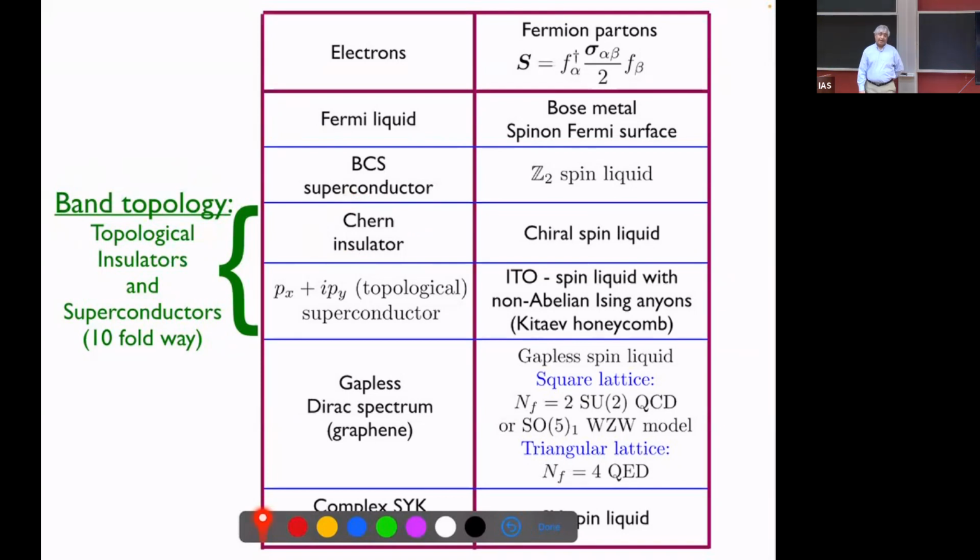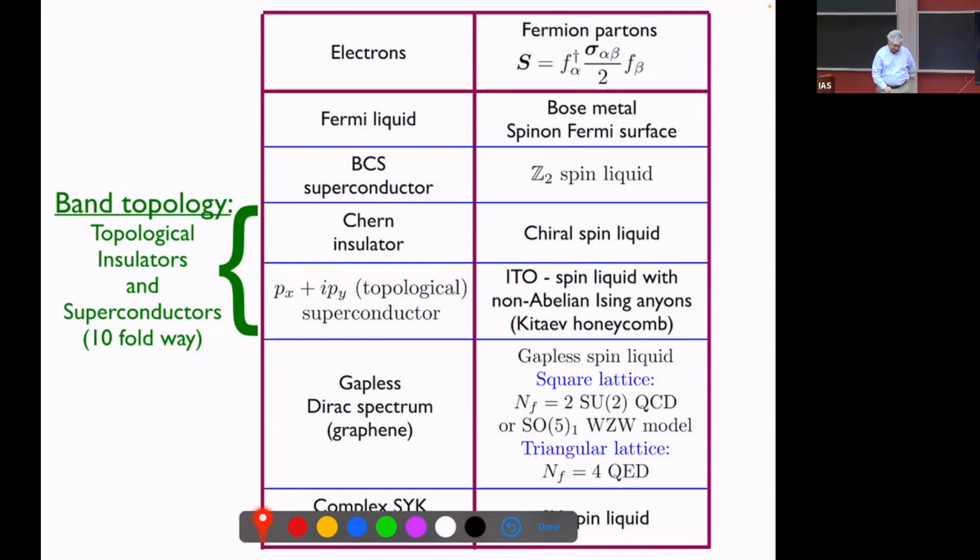And what Kane and Mele found rather late in the game, but quite amazingly, and experimentally very relevant, is that you can get insulators which are characterized by a Z2 topological invariant, not an integer, just a sign, which preserves time reversal symmetry. And many examples of these are now known in experiments.